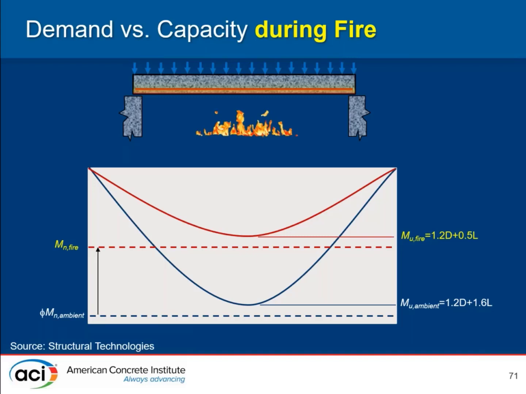And as long as that capacity is greater than a demand of 1.2 D and 0.5 L, or 1.2 D and 1.0 L if the live load is sustained, we're saying that has sufficient capacity and we don't have to take extraordinary measures to limit, say, the live load on that particular damaged element.